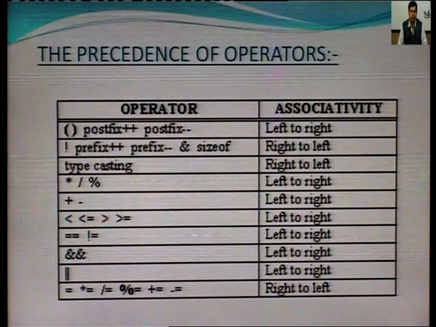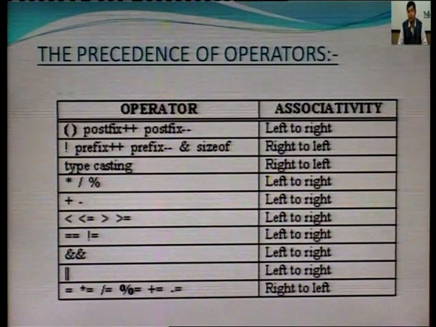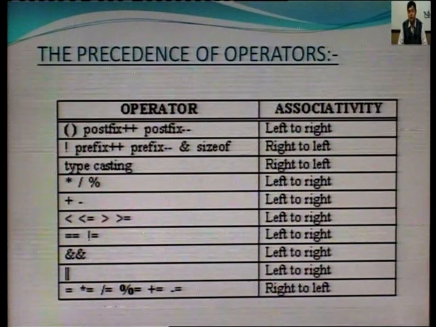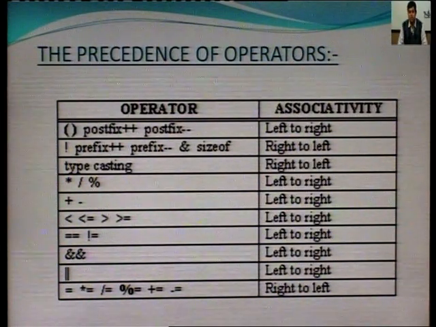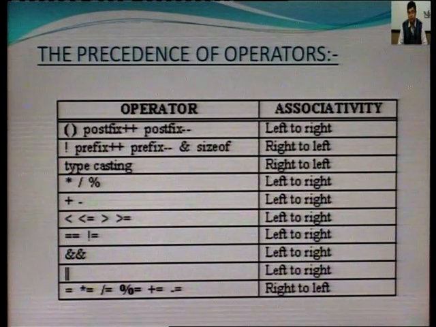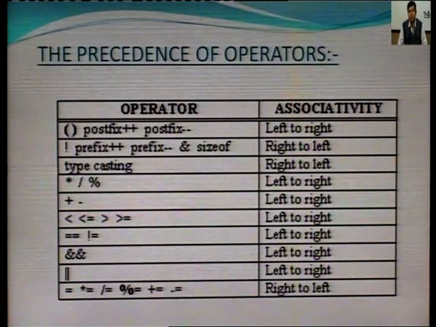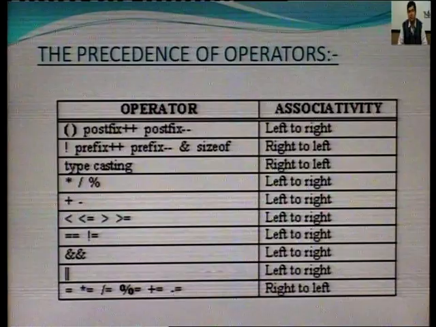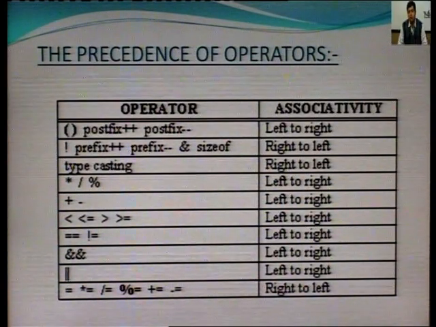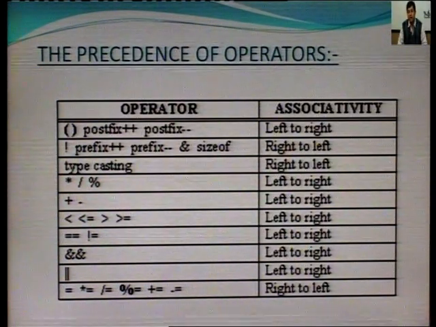Now this is very important. If you look at the usage of the operators, we talked about arithmetic operators, relational operators, and logical operators, so which operator will have the first choice for execution? The precedence is shown here: left parenthesis and right parenthesis, and postfix plus plus and postfix minus minus have the highest precedence, and their associativity is left to right.